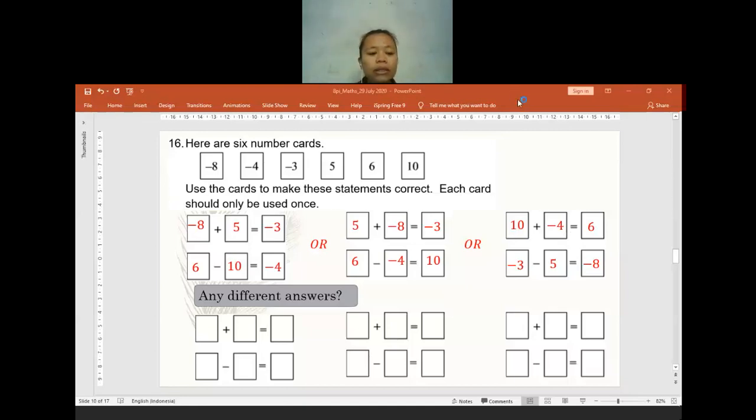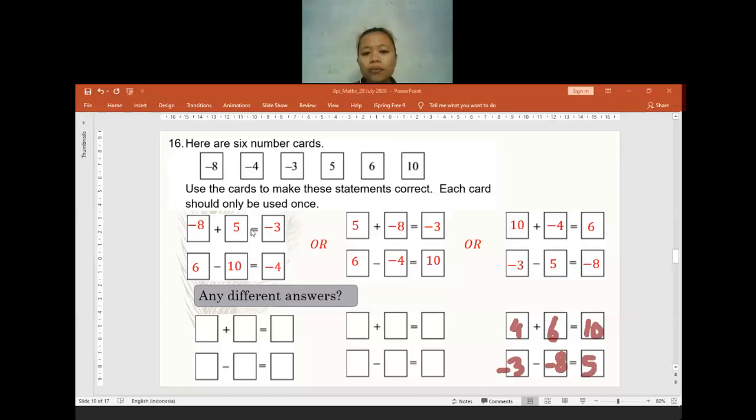Okay, is there anyone else having a different answer? Actually, I also been thinking about -3 minus -8, yeah, correct. It will be equal to 5.